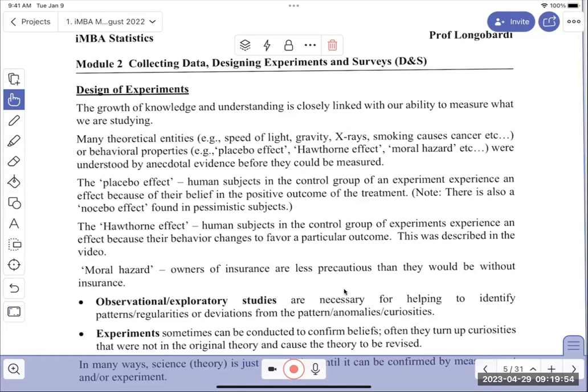In experimental trials, you learn that the gold standard for clinical trials that are experimental is the randomized controlled trial.